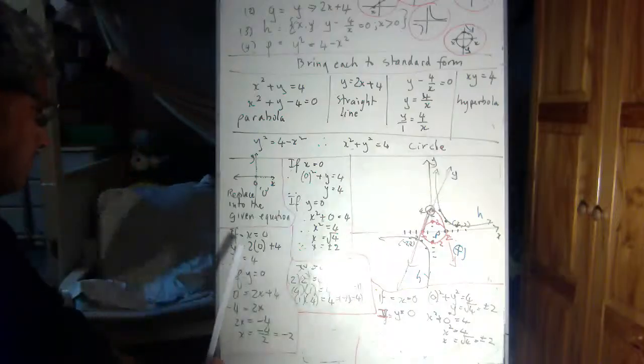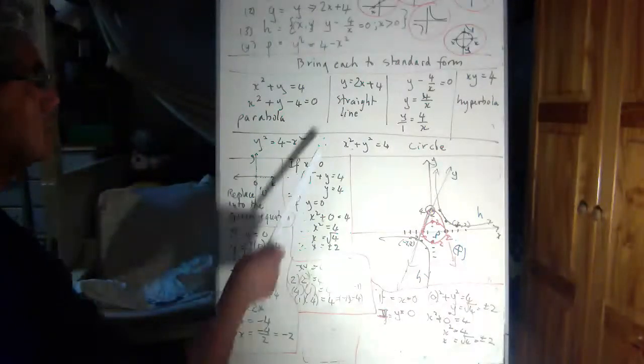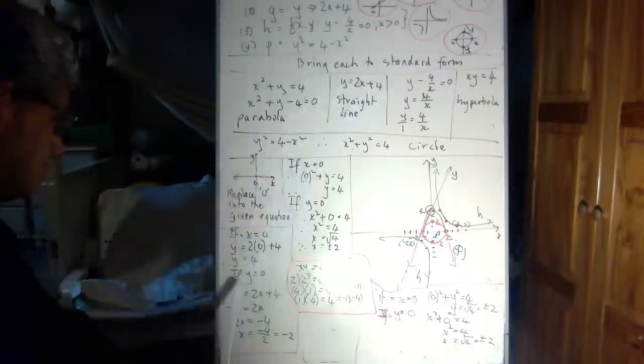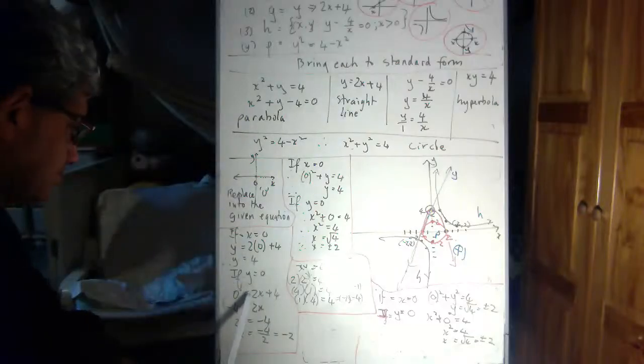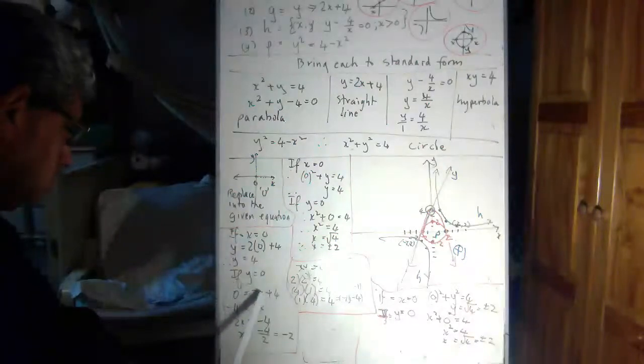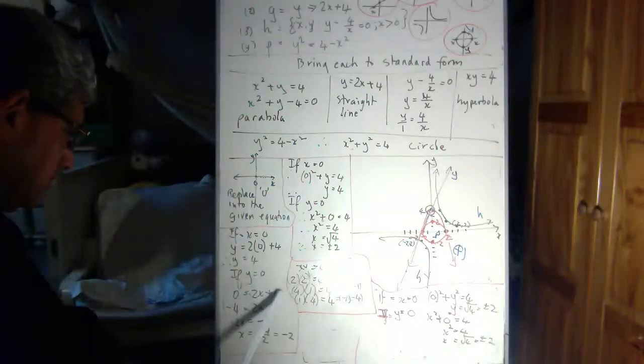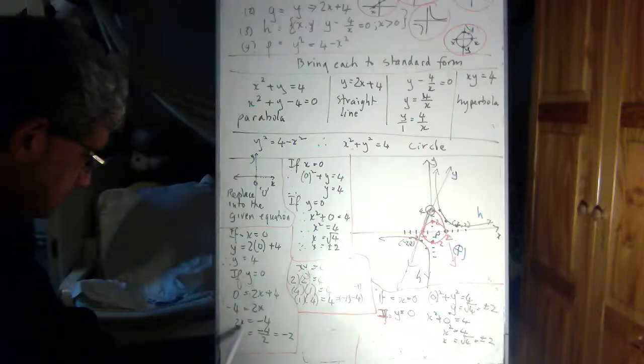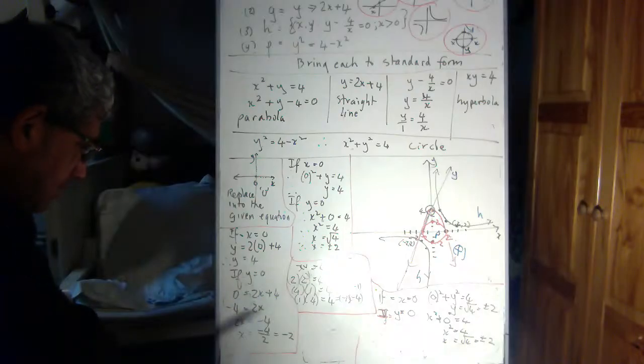Right? Now, what if y is 0 in this equation here? So put that 0 there. Then we have 0 is equal to 2x plus 4. Put the 4 on the other side, it becomes minus 4. And we leave the 2x there. We can flip it around now. 2x is equal to minus 4.